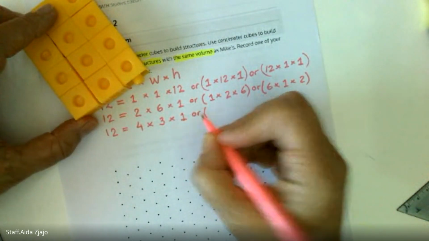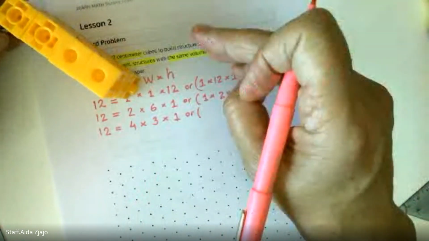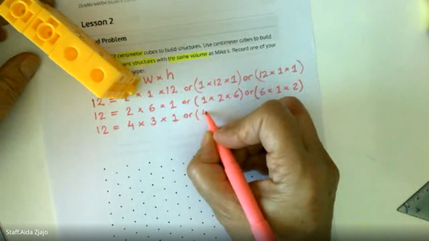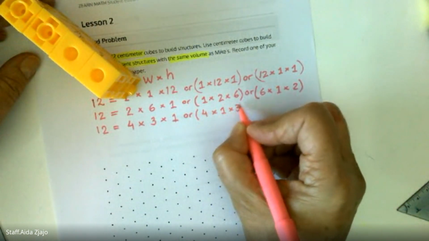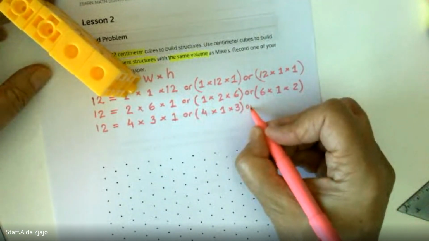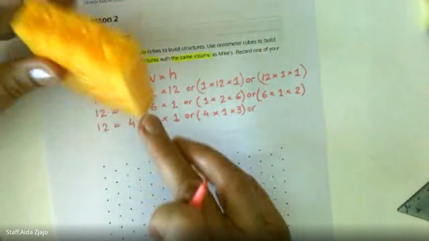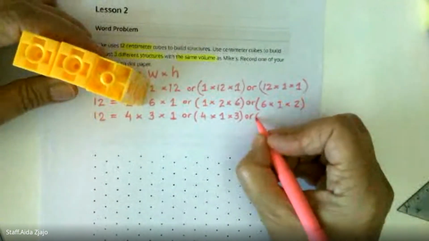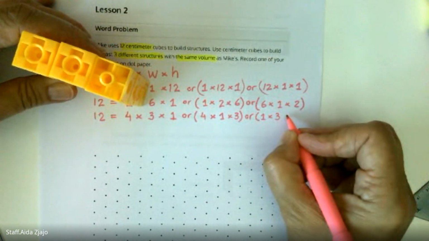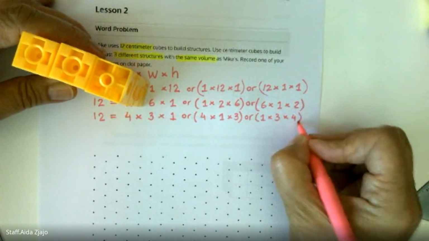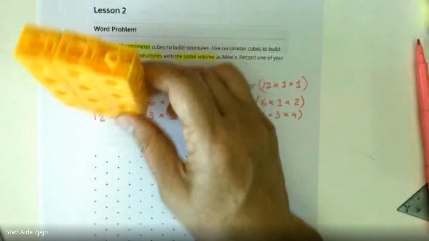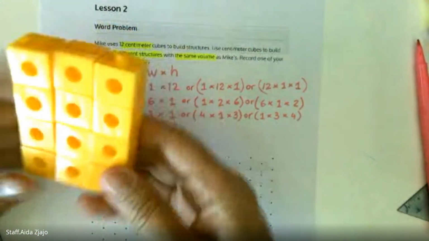Or, of course, if I change it to be 4 by 1 by 3. Or I can put the base to be 3, so 1 by 3 by 4. If you look at it that way, it's all about what the base is going to be.